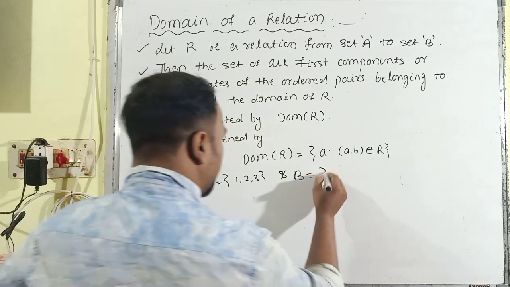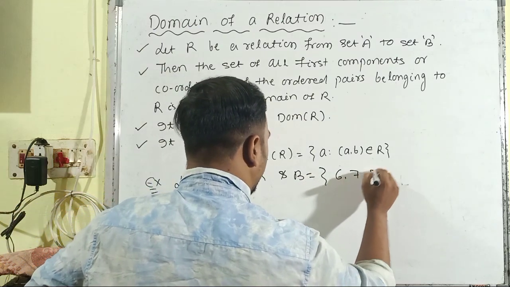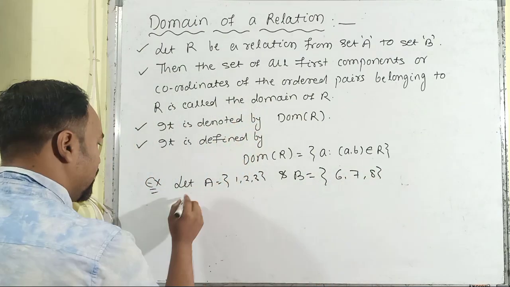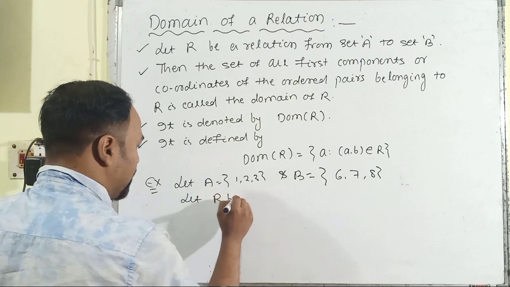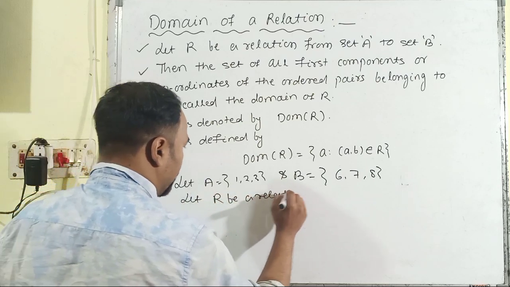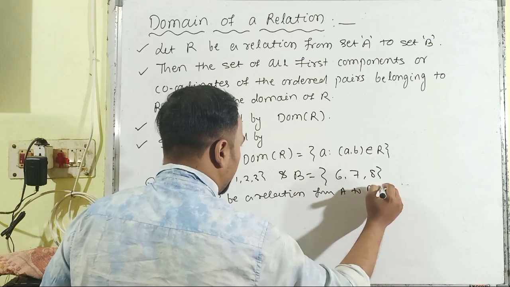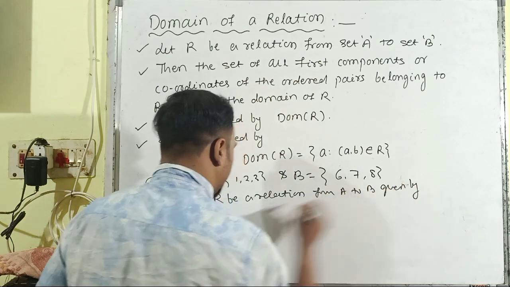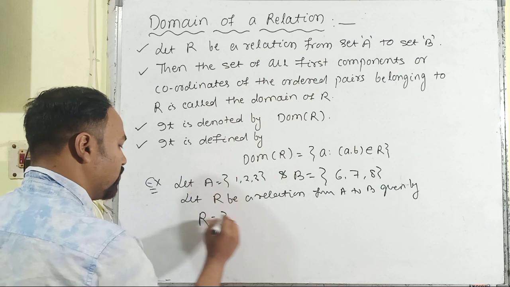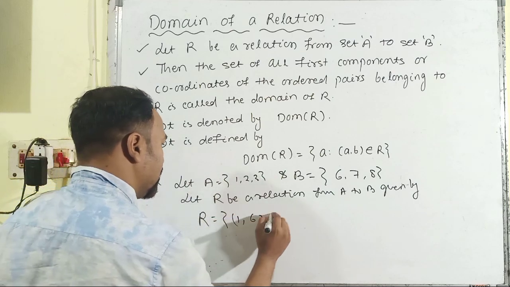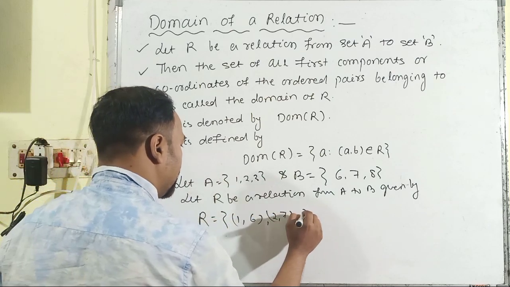Suppose the B set is like this: 6, 7 and 8. Let R be a relation from A to B given by R equal to {(1, 6), (2, 7), (3, 8)}.